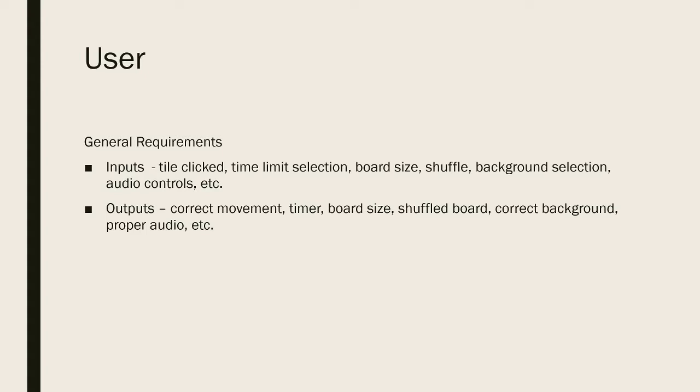The timer, you want it to correctly count the time, because if you choose a time limit and it's displaying the wrong time, you don't really know how much time you have. So that's a big issue as well. The board size, obviously if you choose a 3x3 and you get the 10x10 grid that we have, that's definitely not what you're expecting. And so on and so forth.